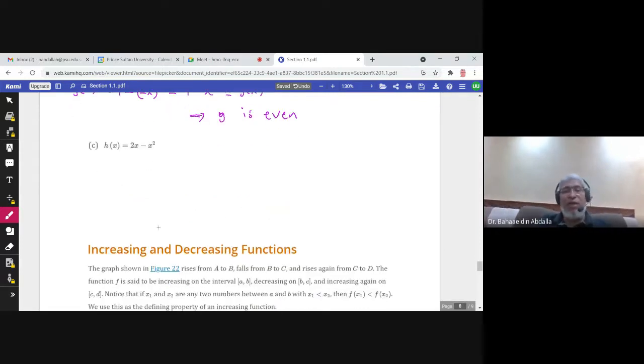Let us find here h of negative x. h of negative x is 2 times negative x. You replace x by negative x, minus negative x all squared. So the negative comes out: negative 2x, because negative 1 times 2 is negative 2.